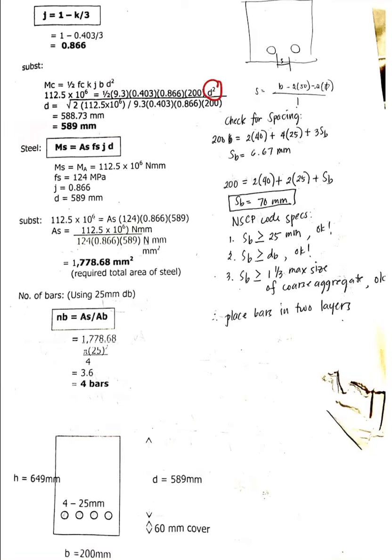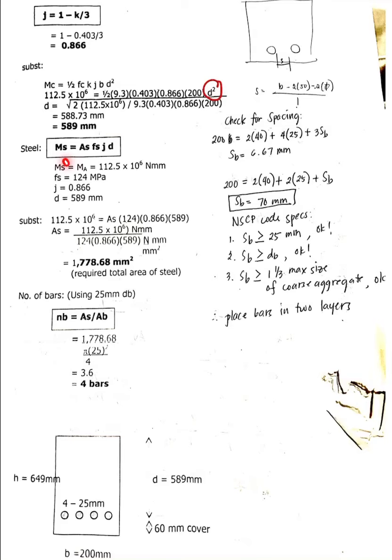And then we will solve for the resisting moment of steel. You have the formula MS is equal to As times fs times j times d.